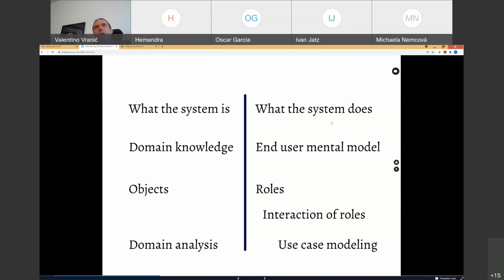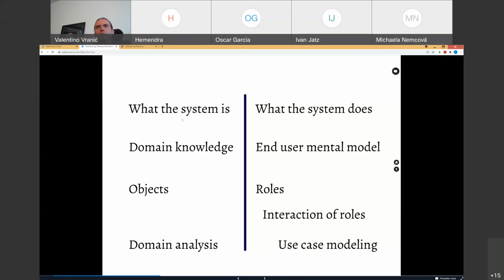By knowing what the system is, you can create many similar systems, like the one that you're currently creating for a particular user audience, and you need to have a way of treating those variation points that will arise.